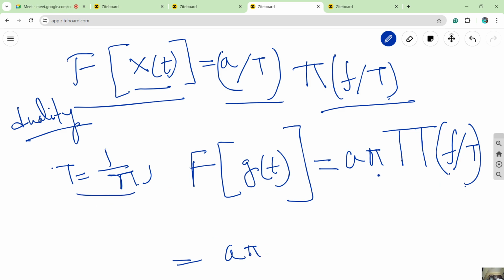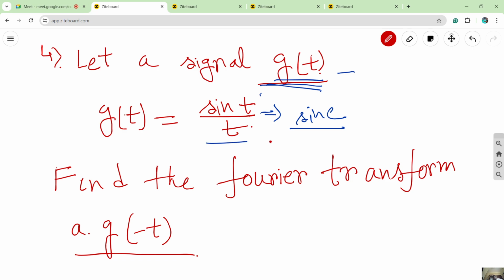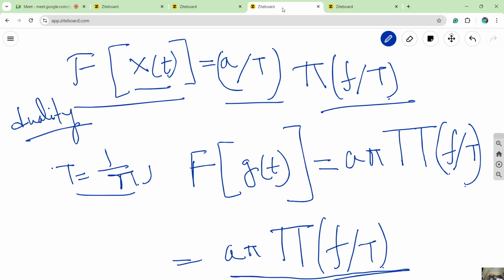From this is pi, then there is a rect signal, this is rect of f by T. This will be a square function because it's a sinc function and its counterpart will be a rect.